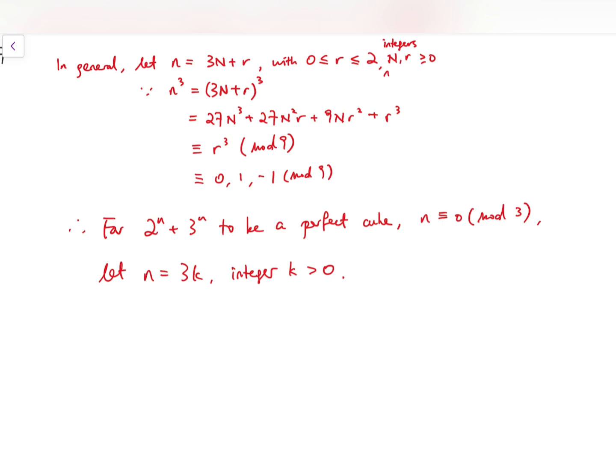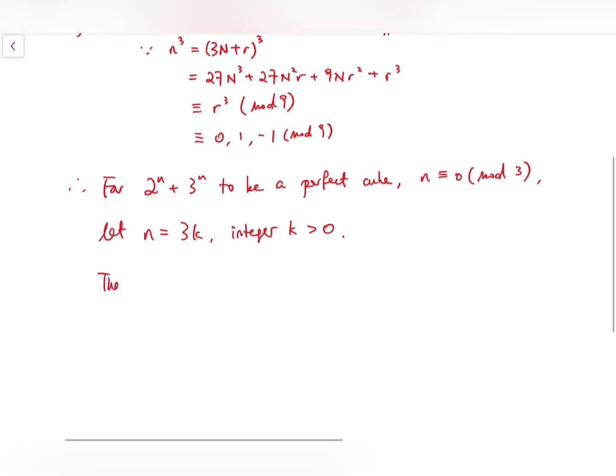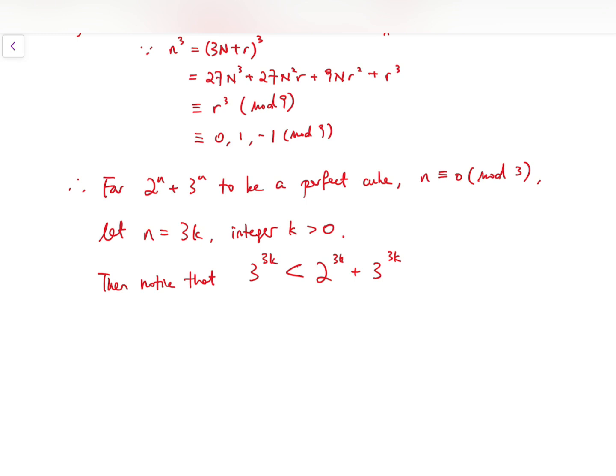Now we can go back to our given expression. So we have 2 to the power 3k plus 3 to the power 3k. Notice that this expression is always larger than 3 to the power 3k.